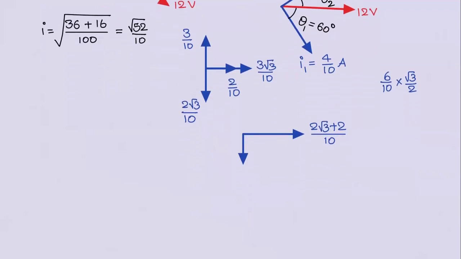Then I can say 2 root 3 minus 3 by 10. And resultant will be like this. So if you want angle, the resultant is a little bit difficult to calculate. I think you can understand from this.